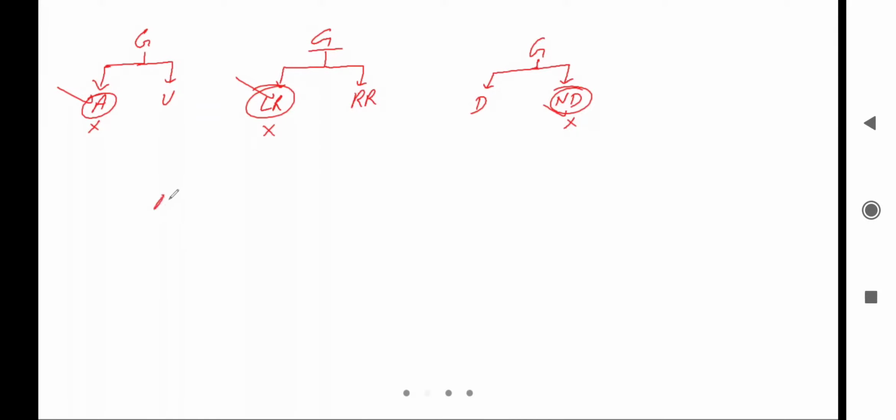If A goes to alpha beta 1, alpha beta 2, alpha beta 3, right? In this case, what will happen? What we require is alpha beta 3.